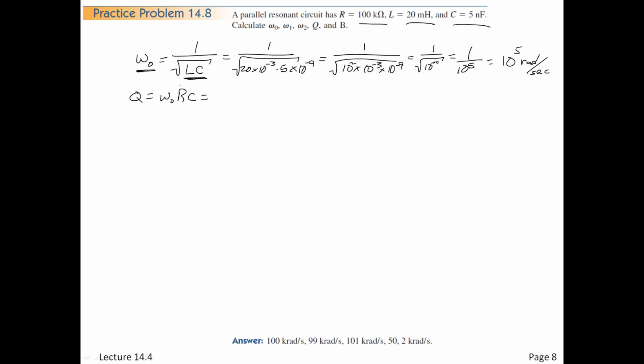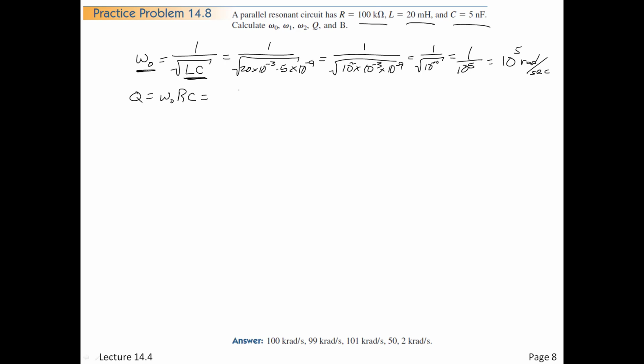It's only a function of the imaginary elements. It only matters when those things cancel each other. So we should actually have been a little surprised if omega 0 was a function of anything other than L and C. The Q now, of course, is a function of R, because that's going to be exactly the height of it, and it's going to affect the bandwidth then as well.